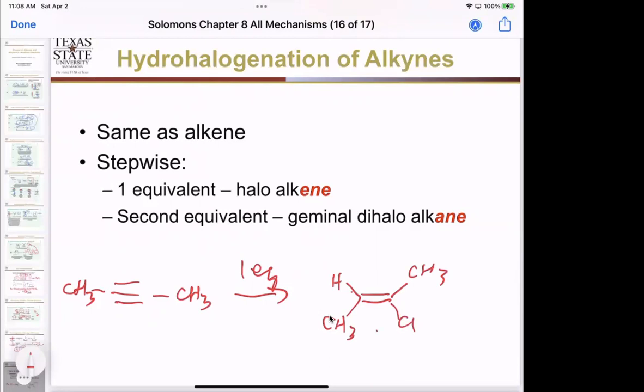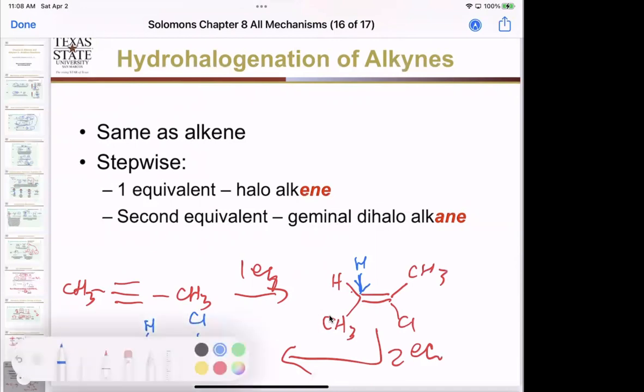Okay, and then the second equivalent is going to add across here, but the hydrogen is going to add to this side because it's going to be where it's Markovnikov again. So we're going to have a hydrogen here and our chloride here, and we have the single bond, and we have the CH3 and the other chloride that we already had on there, the hydrogen we already had on there, and the CH3. So we have our second equivalent added across, giving us our geminal dihalide.